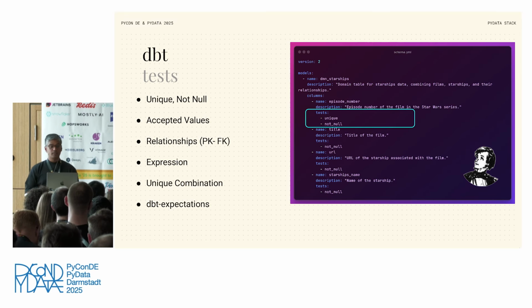A really great feature of DBT is the native test that it provides. So tests help you validate that the data conforms to your expectations when you're designing the models right at the start. But then you can choose to run them every single time that DBT runs.